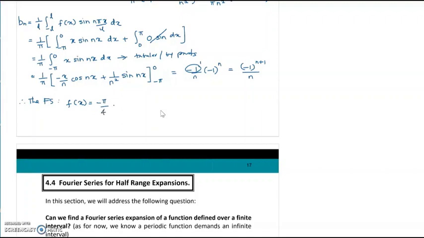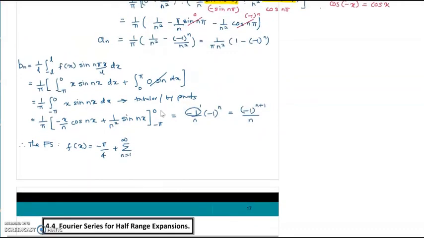Okay, plus the summation of n equals 1 up to positive infinity. So we have an. Okay, so an is 1 minus negative 1 power of n over n squared pi. Okay, so we need to multiply with cos n pi x over L. Our L is pi, so what's left is just cos nx, plus the bn.